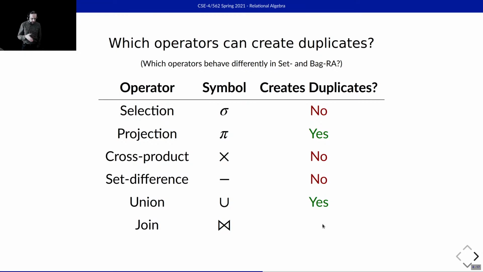Projection is, I give projection a list of attributes, and the output table is literally just the table that contains just those attributes. You can think of projection as a close analog to map. I'm essentially applying a function to every record in my input, and I'm producing an output that consists of just the attributes that appear in the subscript.